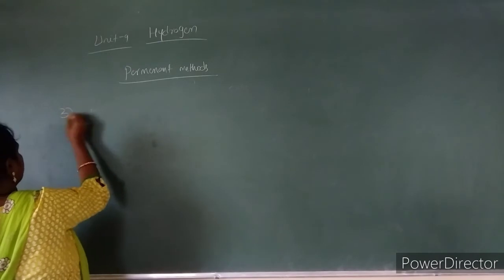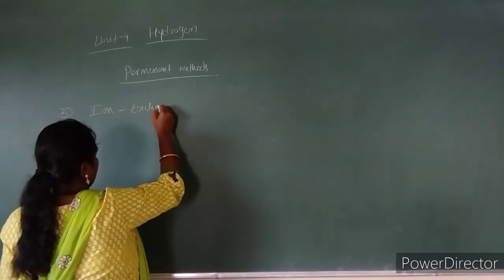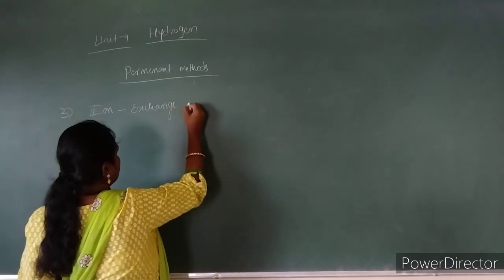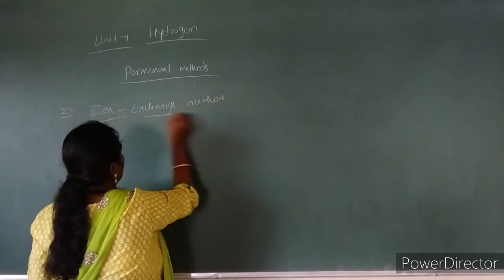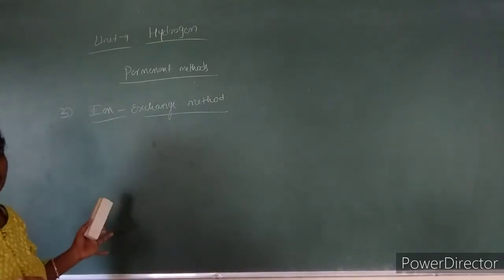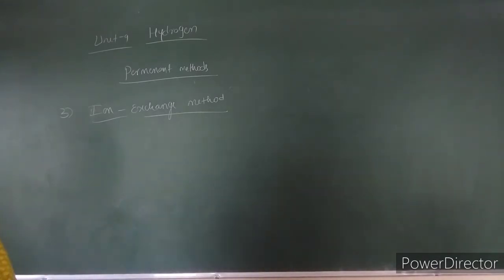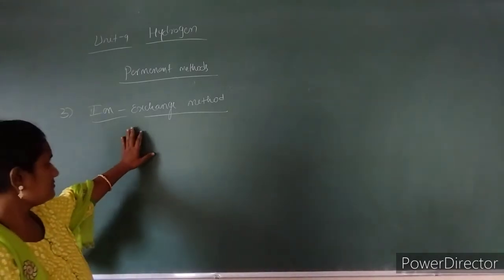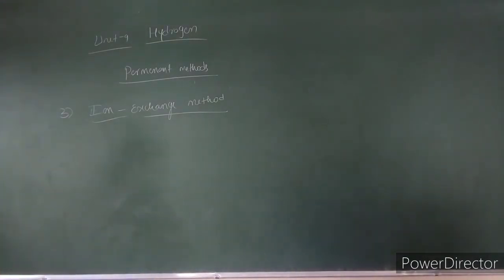The third one is ion exchange method. As the name indicates, in this method the calcium or magnesium ions are exchanged by some other ions. Here usually we are using zeolite for the removal of the hardness of the water.